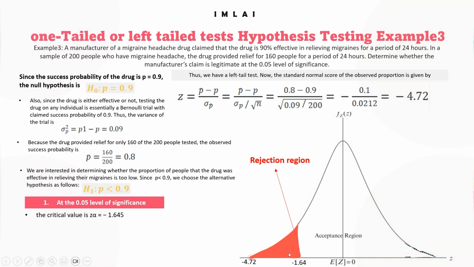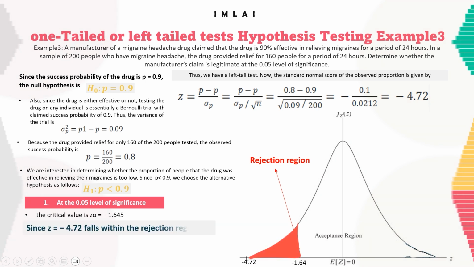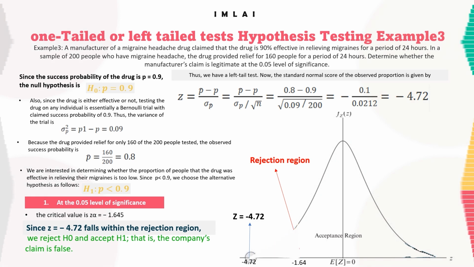On the other side, our standard normal z-score of the observed proportion is minus 4.72. This is where it falls. The region left of the critical value minus 1.645 is the rejection region, and the remaining region to the right of minus 1.645 is called the acceptance region.